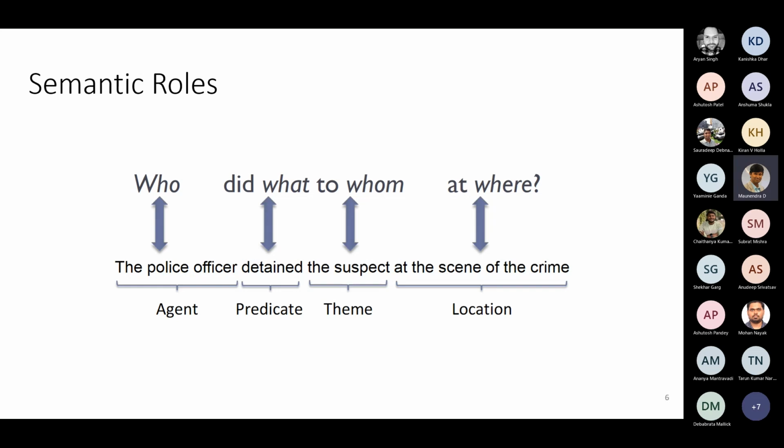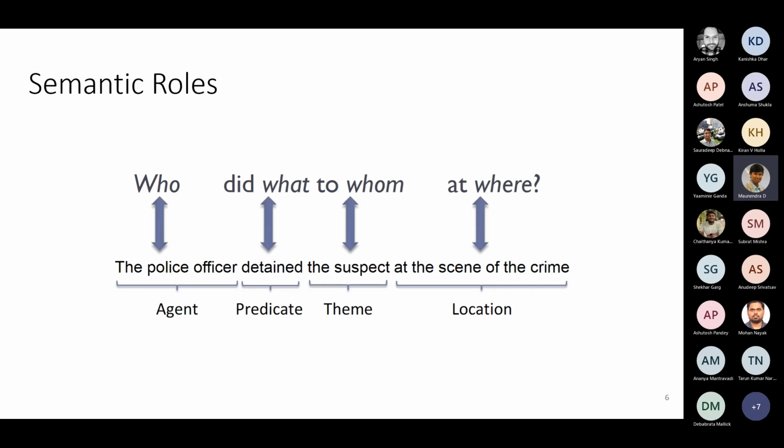One more example: the police officer detained the suspect at the scene of the crime. So here, who is the person who is performing the action? The agent of this action is the police officer. And we can get the answer if we identify the verb, detained, which is the predicate here, and ask the who question to it.